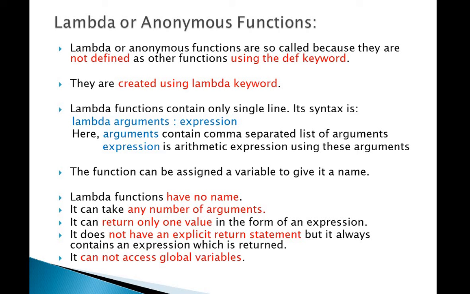We can assign one name to this function, but this is a variable name for that function. It is not the name for the lambda function. It is the name for the variable, and this variable will point to the lambda function. See the example.